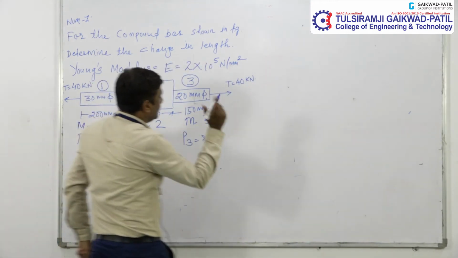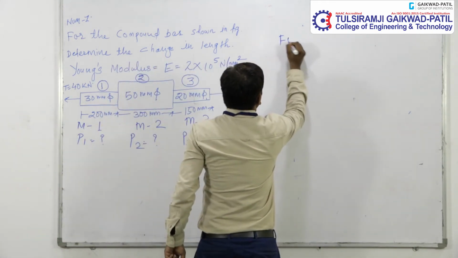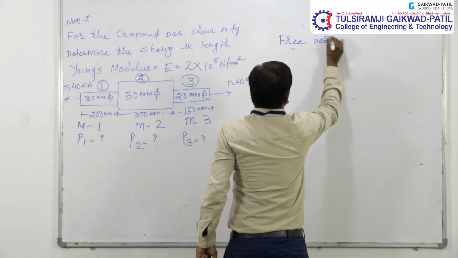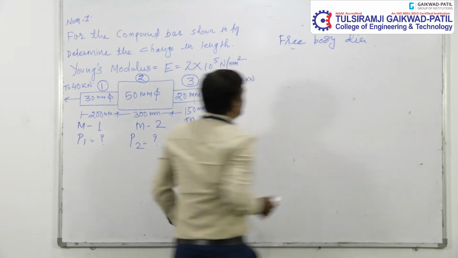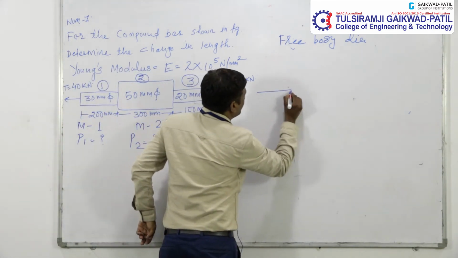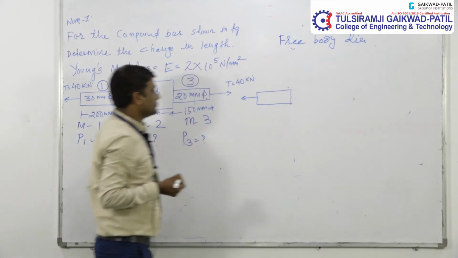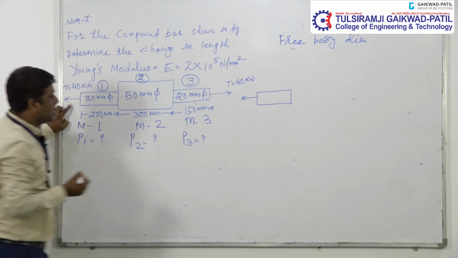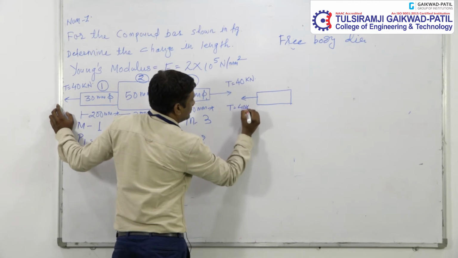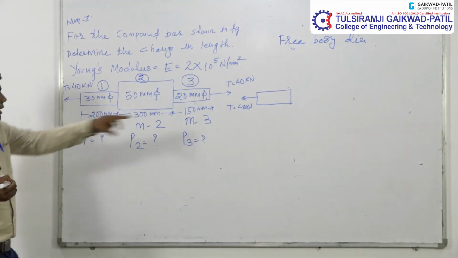So here, the free body diagram. See, this is material number 1 as shown in the figure, and on this material number 1 the tensile force given is 40 kilonewton. Okay. So here the force is acting away from the point.